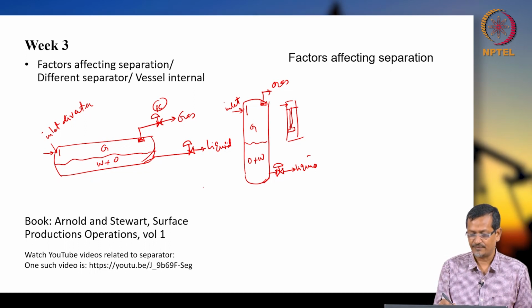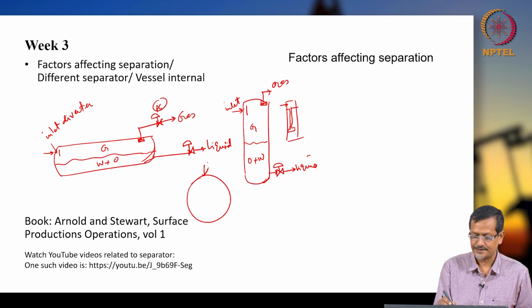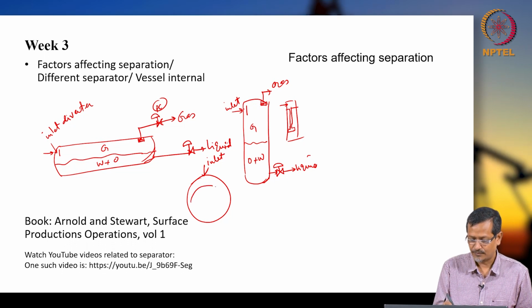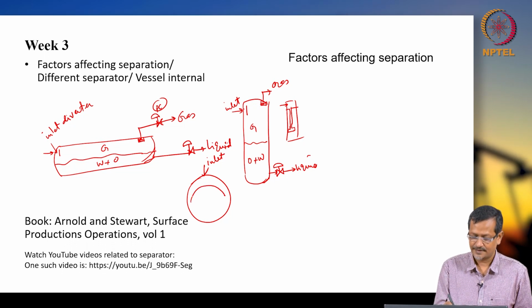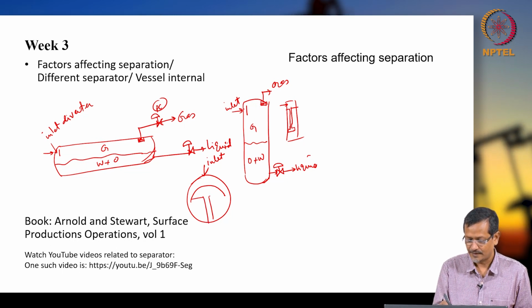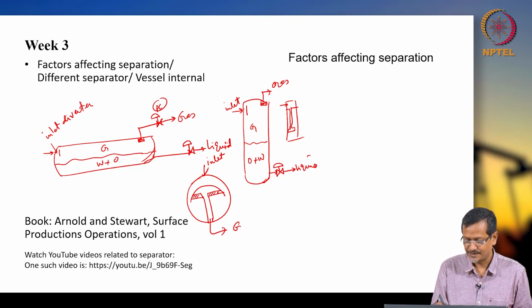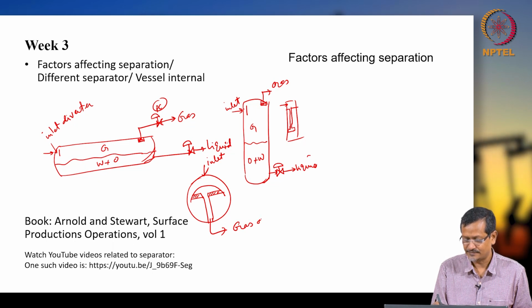Similarly you have a spherical separator. Inlet is here and you have a flow diverter like this. Here the design is something unique: you see gas is going out.